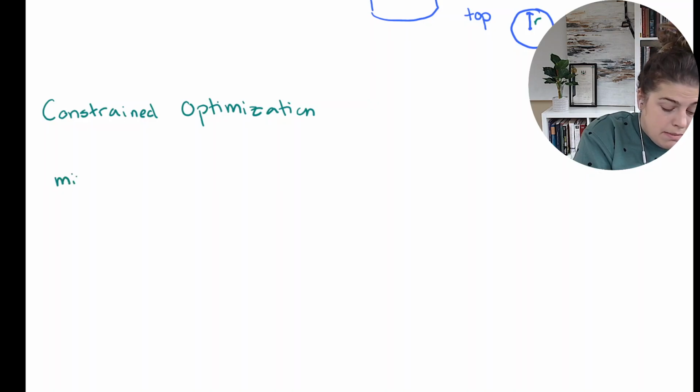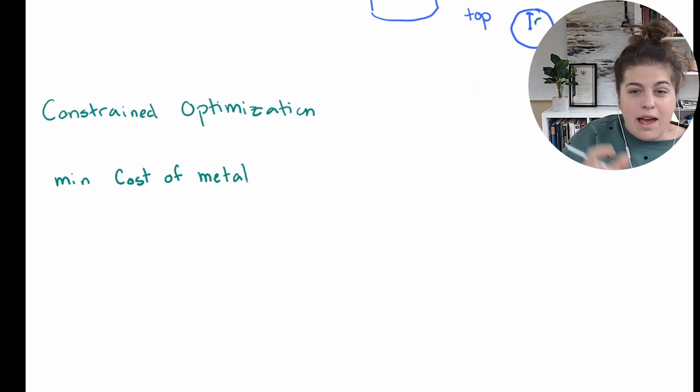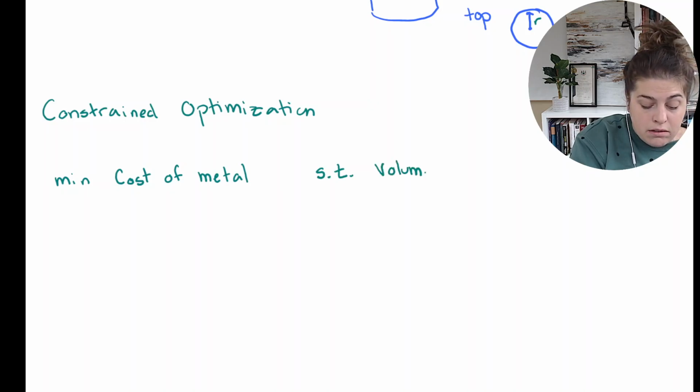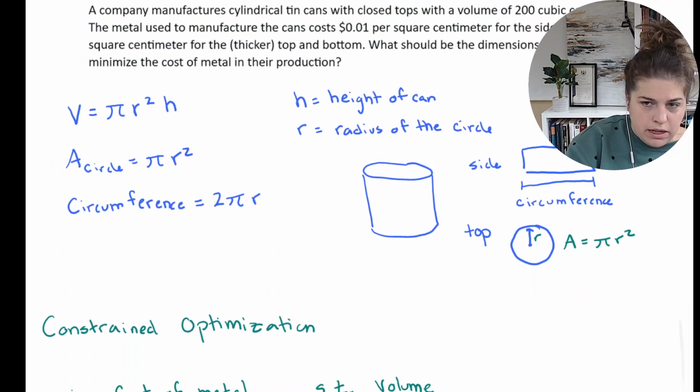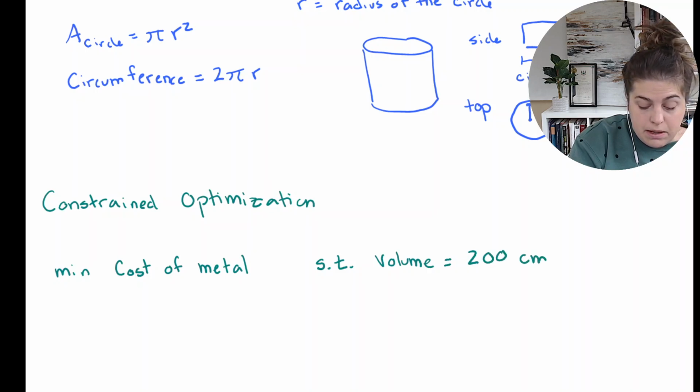So our goal is to minimize that cost of the metal, and our constraint, which sometimes you'll see with the little ST meaning subject to, is that the volume of the can has to be 200 cubic centimeters.